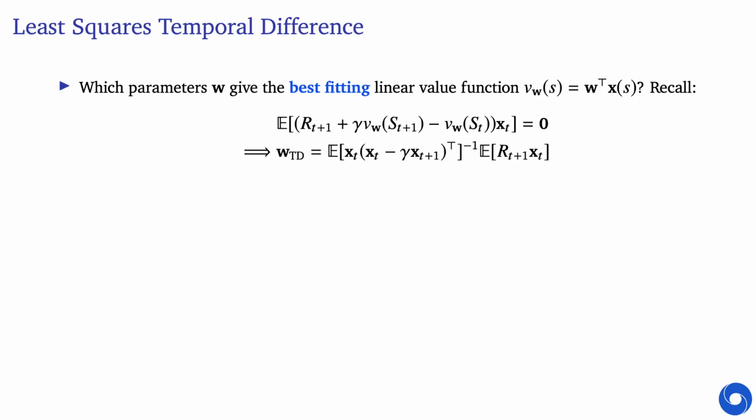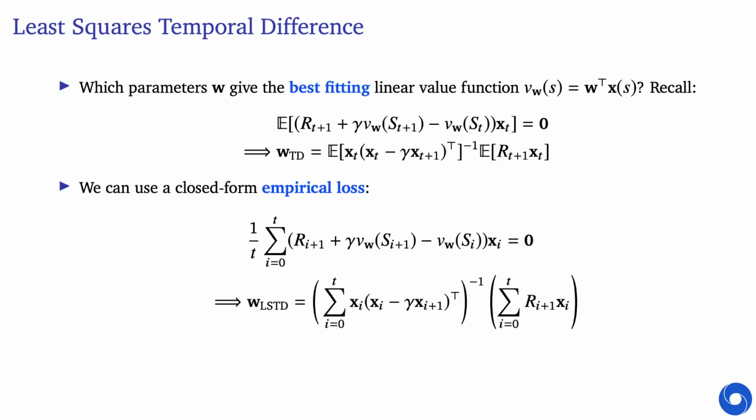Now, one idea that you could do is, well, what if we take that expectation, and instead of taking the expectation over all possible states and all possible transitions that could happen, let's just take it over the things that did happen. So we're at some time step t, and instead of taking the full expectation, which we don't know, for this you would need the knowledge of the Markov decision process, we're going to take the average of the things that did actually happen.